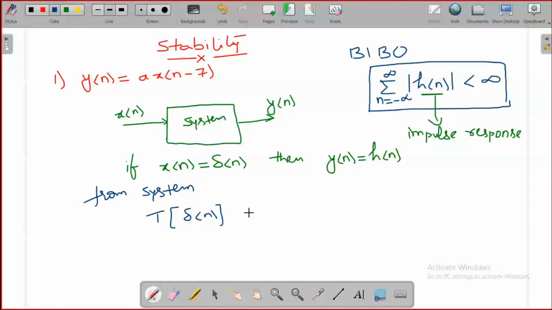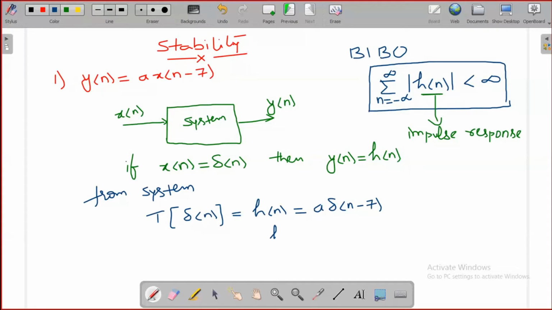So in place of x of n, we write del of n. So the value is a into del of n minus 7. Now you know the impulse response: h of n is a into del of n minus 7.